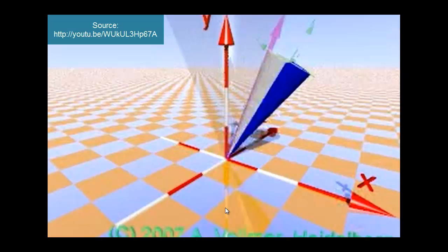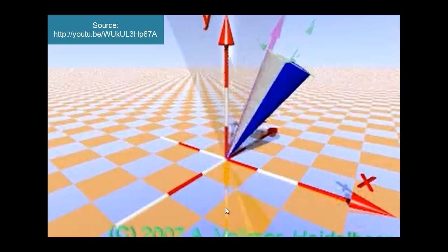And you see how omega rotates on the surface of that cone, the body cone. And you see how the green vector rotates on the precession cone around the angular momentum.